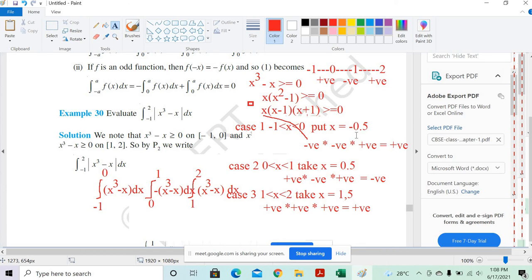Any questions, any doubt, Vijay? Clear? Okay. Try it out now. Try example 30 by yourself now. Let's see how you do that.